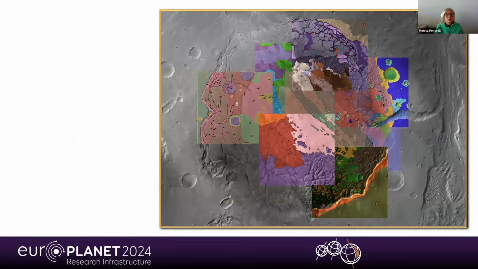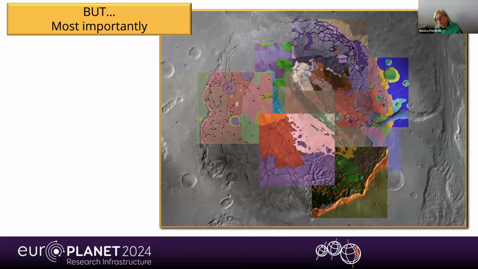And now maybe the most important thing: yesterday we didn't have time to make this collage. A collage is a sort of mosaic of the different units mapped by some of you, and please do not be upset if your map is not there. I did this work just this morning, very, very quick and dirty.